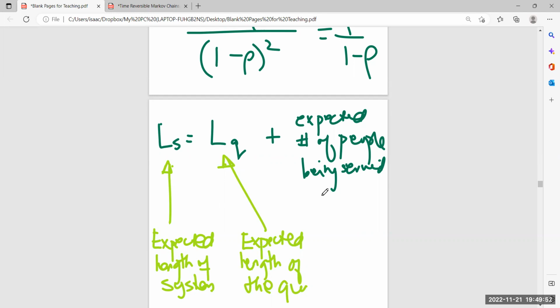When we talk about the expected length of the queue, we are just talking about everybody else who is waiting, but not the person being served. So the expected length of the system would be the expected length of the queue plus the expected number of persons being served. And the expected number of persons being served will simply be the arrival rate over the service rate, so this term here is simply lambda over mu.